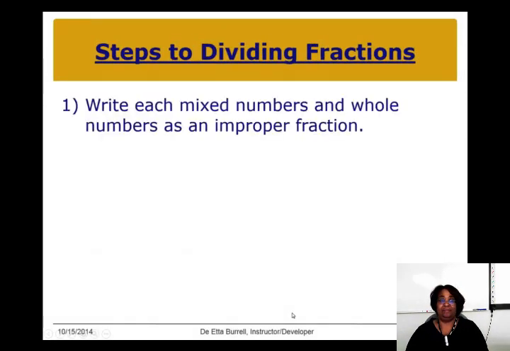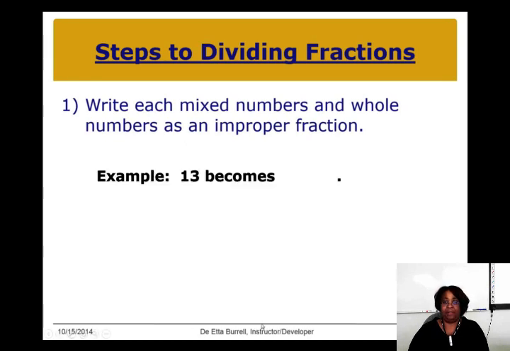So, step 1, write any mixed number or whole number as an improper fraction. Well, let's review how to do that. First, if you have the whole number 13 and you want to make it an improper fraction, you're just going to write 13 over 1.